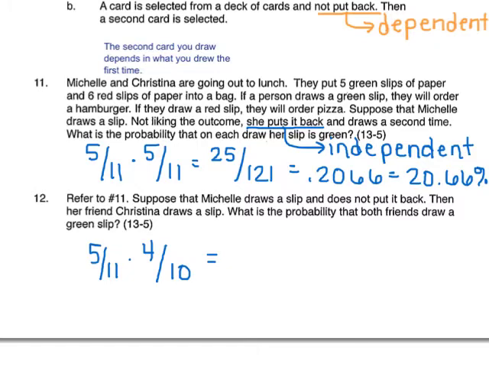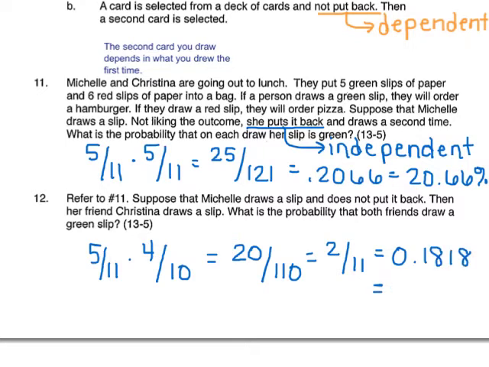So now when I multiply this out, this comes out to be 20 out of 110, which reduces to 2 out of 11. As a decimal, 2 out of 11 comes out to be 0.1818. That actually repeats. So as a percentage, that would be 18.18%.